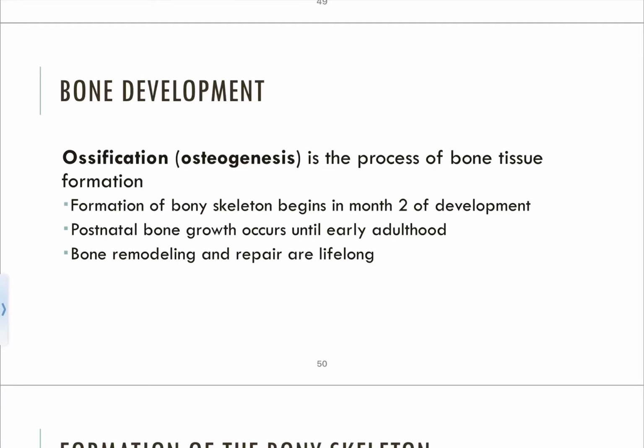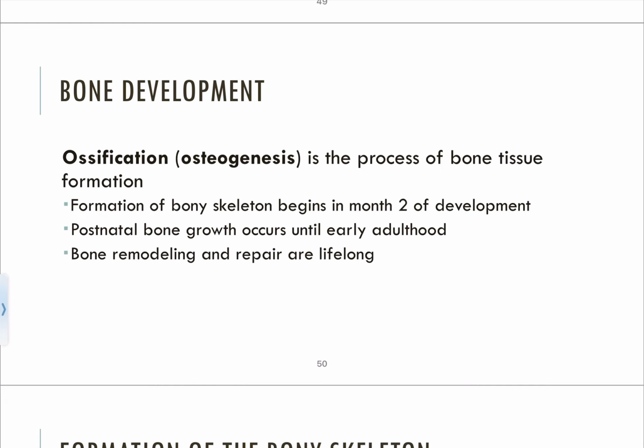Okay, so now let's move on to section 5 of chapter 6, and we're going to talk about bone development, which we also refer to as ossification or osteogenesis. And a couple things, like I mentioned previously, initially the fetal skeleton is actually cartilage and it isn't bone.